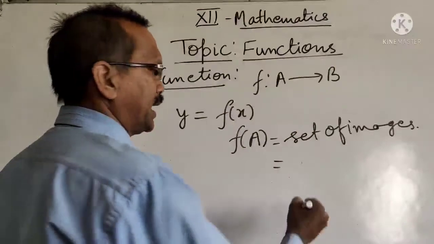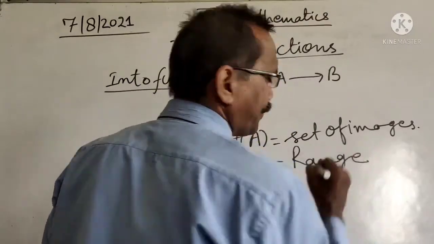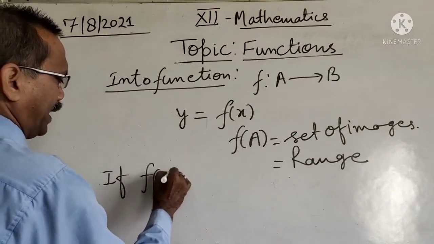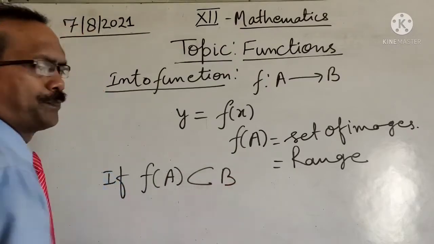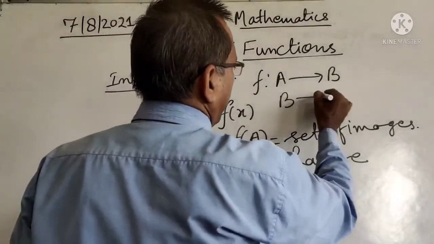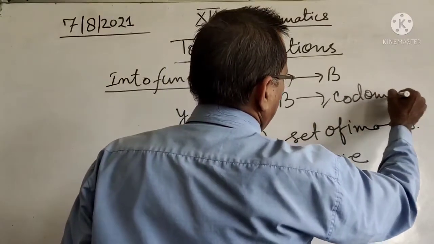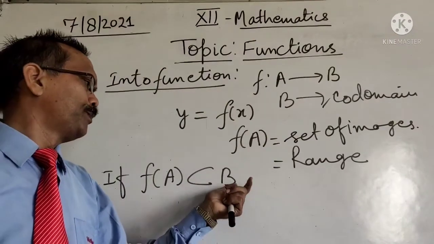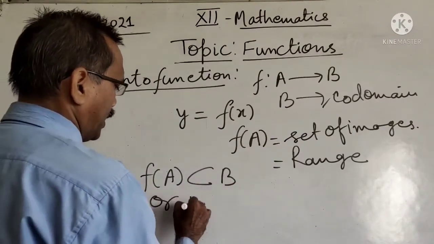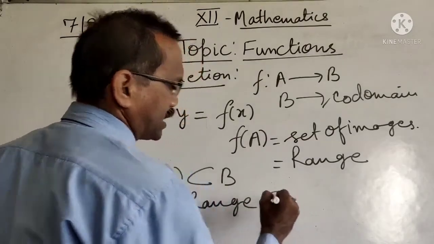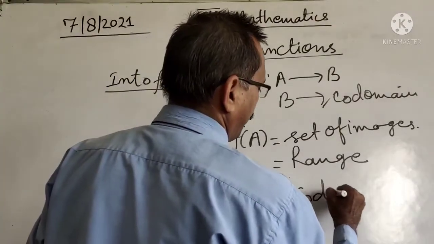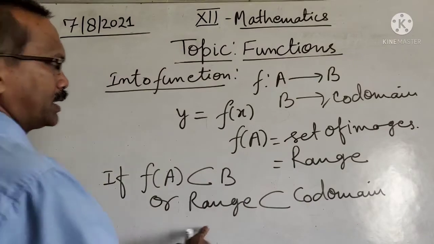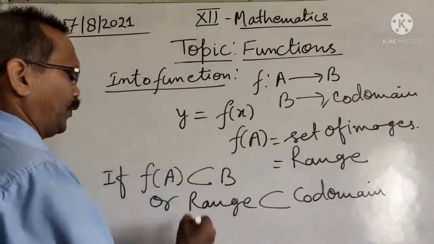Set of images means range. Dear student, if f(A) is a subset of B, set B is called codomain, so if f(A), the range, is a subset of codomain, then the function is said to be an into function.